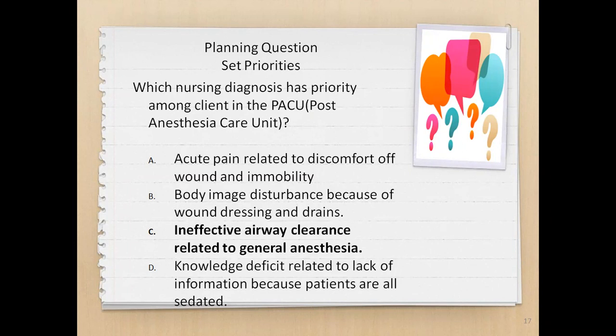Or D, knowledge deficit related to lack of information because patients are all sedated? So here you have a patient who is in the PACU. What is the priority? Letter C is the answer, ineffective airway clearance. So again, ABC. Airway is always the priority.